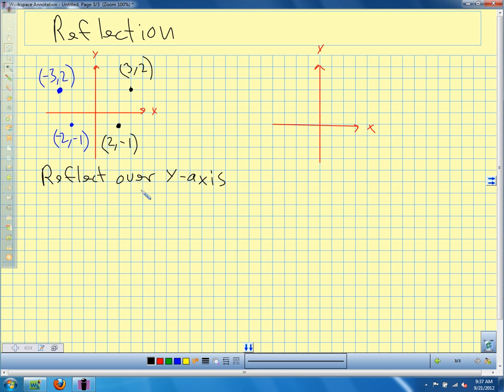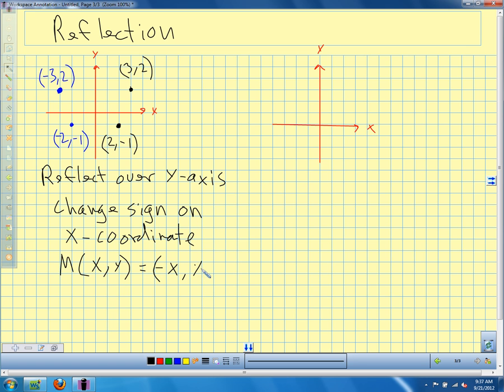So to reflect over the y-axis, we change the sign on the x coordinate. And if I call my transformation m, we'll say m of x and y is minus x, y. So we just change the sign to reflect over the y-axis. We change the sign on the x coordinate.